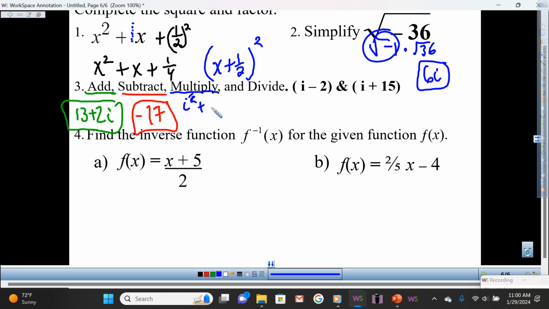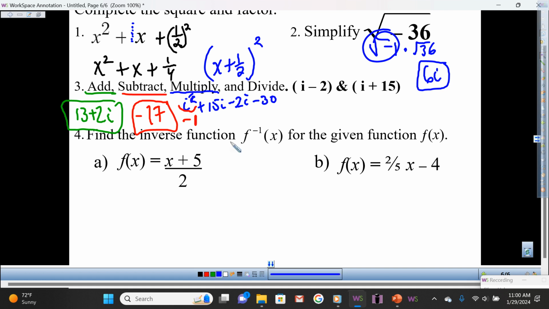i squared plus what? 15i minus 2i minus 30. Okay, however, remind your neighbor what to substitute in for i squared. Yes. What do we substitute for i squared, Noah? -1, that is correct.